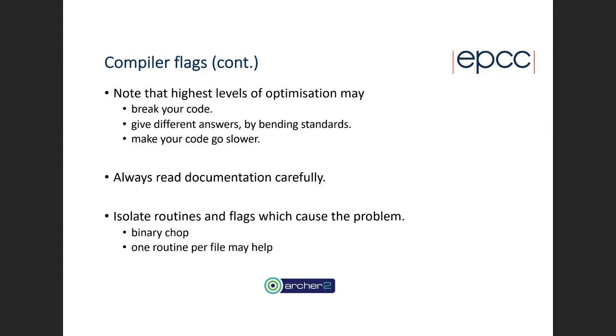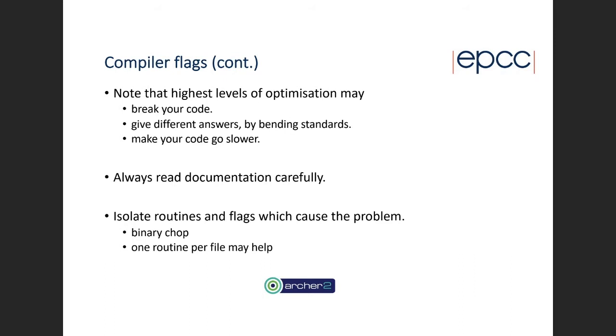So you may be able to figure out which routines are causing the problem. That can be tedious. You can do things like compile half your files with optimization and half without, and see if that works, and continue doing some sort of binary chop operation until you figure out which file or routine is breaking.